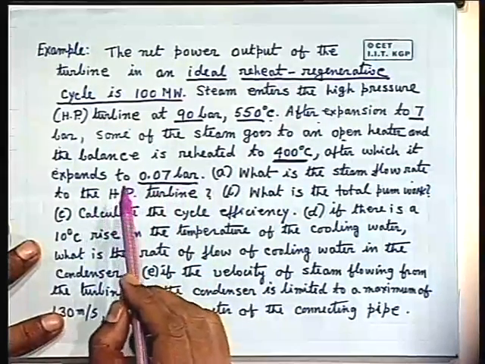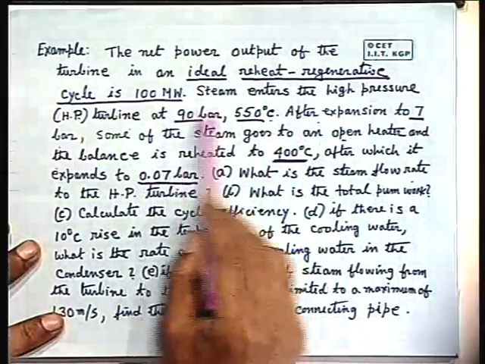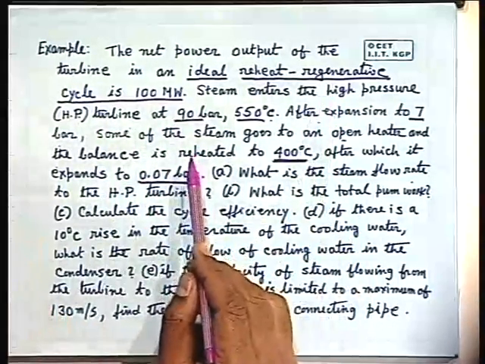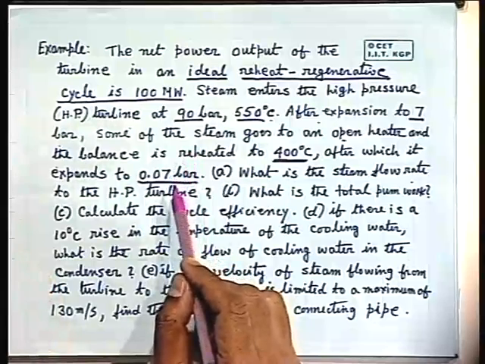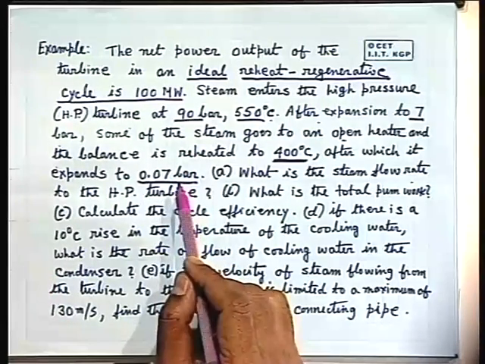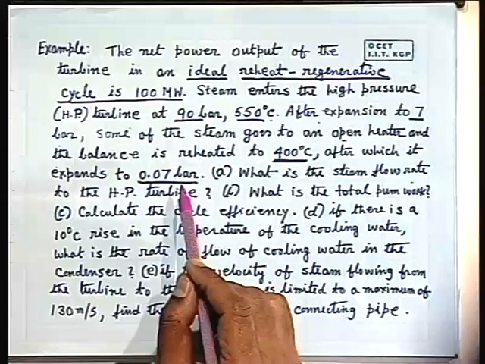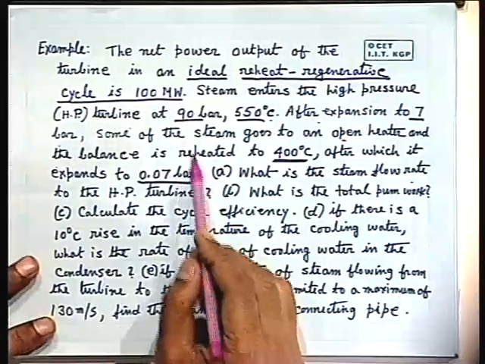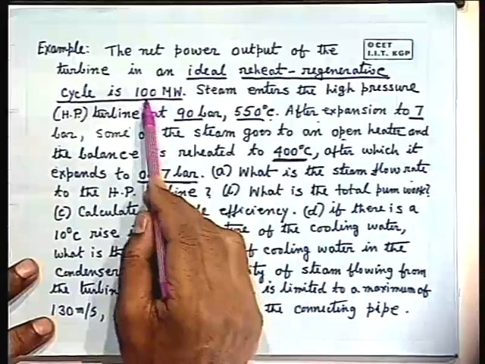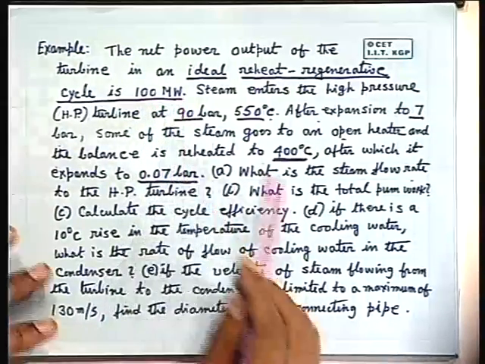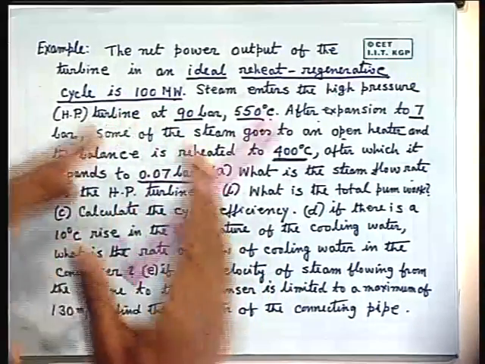So what is given? A reheat regenerative cycle, that means both reheat and regeneration are there, because the purpose is different. The purpose of reheat is to increase the dryness fraction and the purpose of regeneration is to increase the efficiency. Whenever a problem gives the power output, it will ask for the steam flow rate.